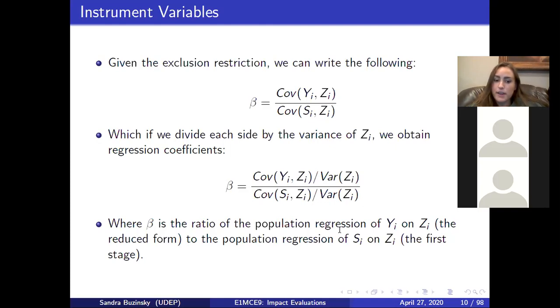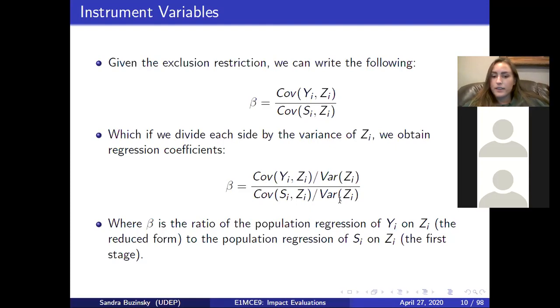So it's interesting because beta is the ratio of the population regressions, right? These are two population regressions. Up here is the regression of Yi on Zi, which is the reduced form.